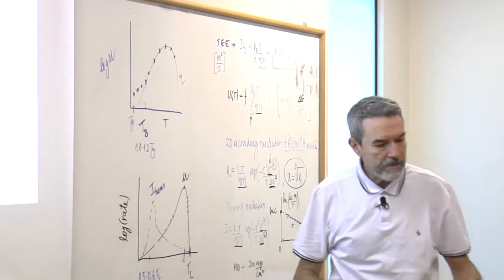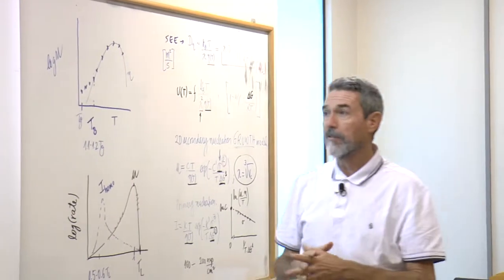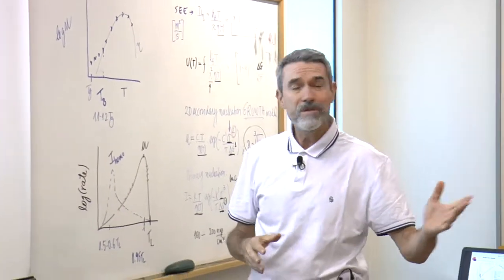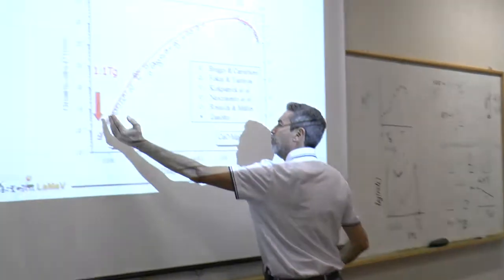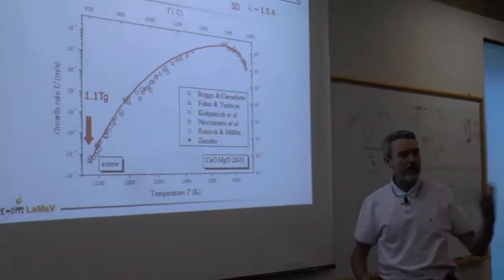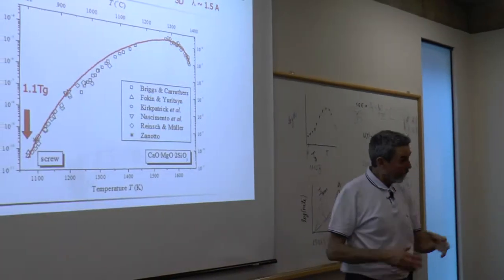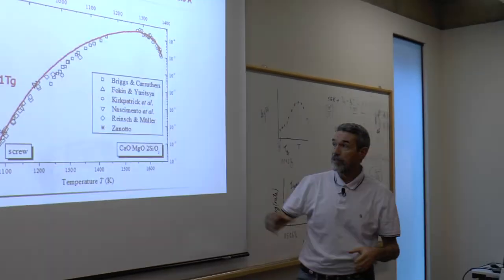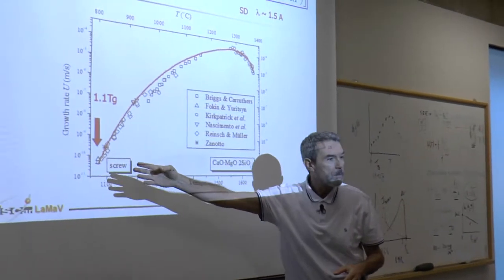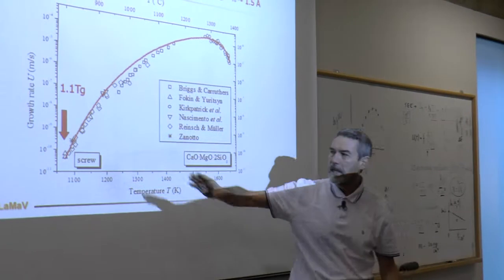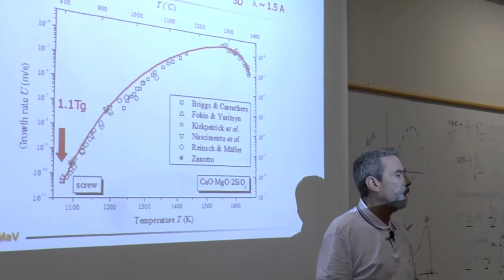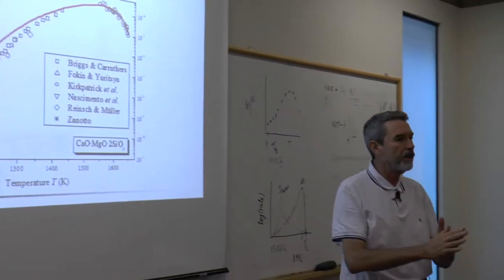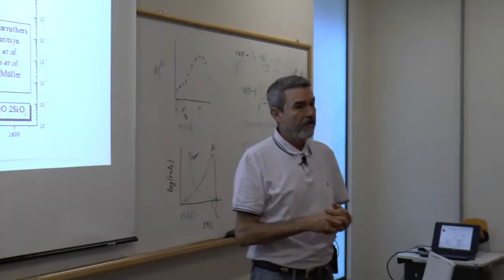I'm telling you this because this is an important phenomenon and you have to use data above 1.1 of Tg. If for your particular system there is data below, don't take those. Take data above 1.1, 1.15 of Tg for your fitting.